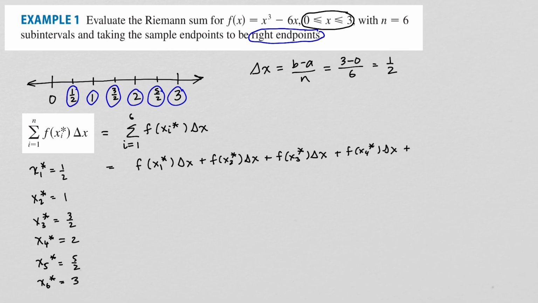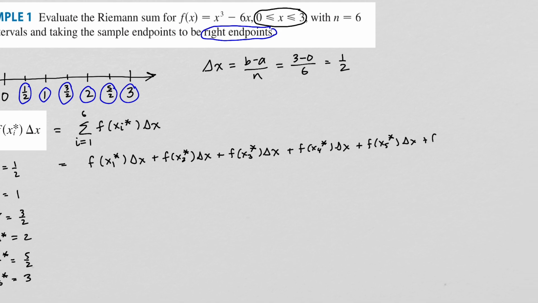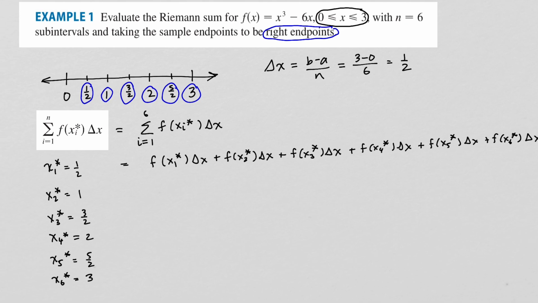And we keep going, just a couple more here, f of x5 star times delta x. And finally, f of x6 star times delta x. And just so we make sure we understand the notation here, when we say i equals 1, that gives you the starting value for i. And up here, the 6 gives you the last value for i over here.